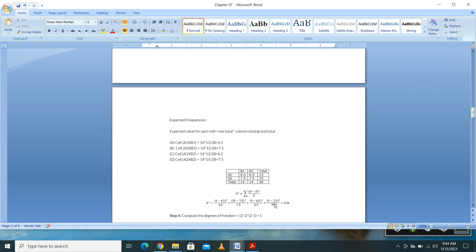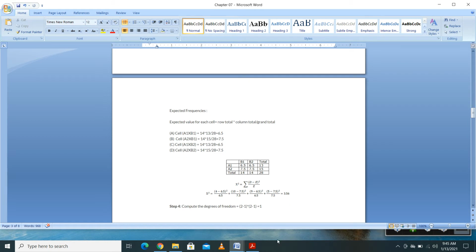Since we have to read the chi-square table, we have to calculate the degrees of freedom. The degrees of freedom is equal to the number of rows minus 1 into the number of columns minus 1. You have 2 rows, 2 minus 1, and 2 columns, 2 minus 1, so 1 into 1 is equal to 1. So the degrees of freedom is equal to 1.